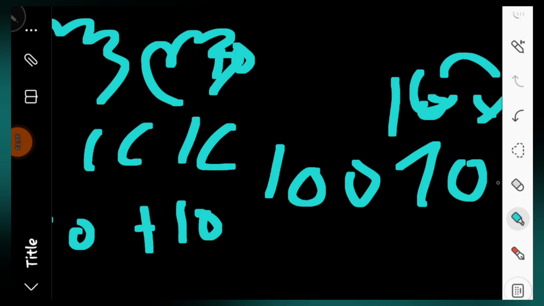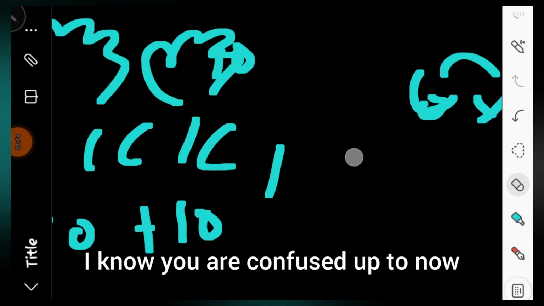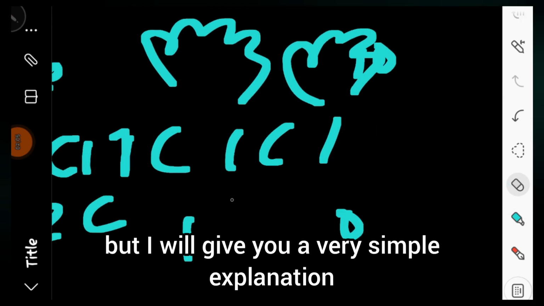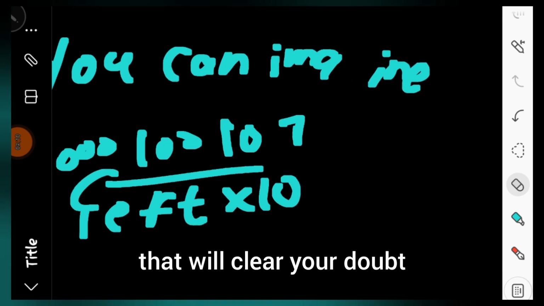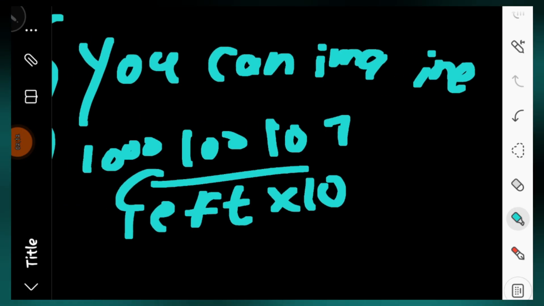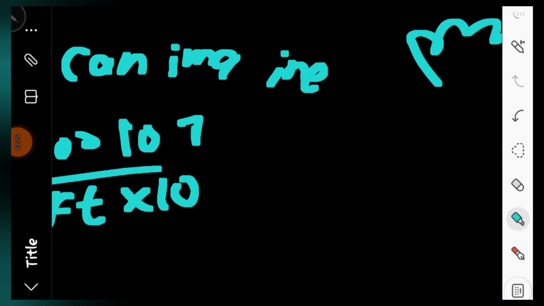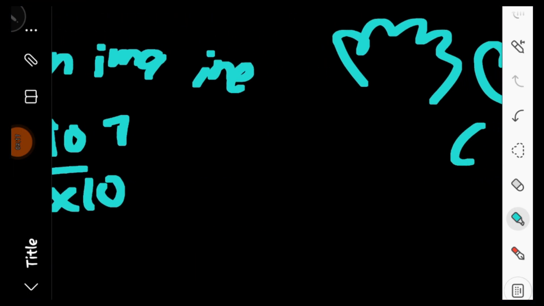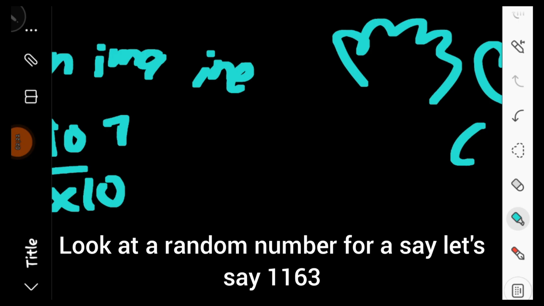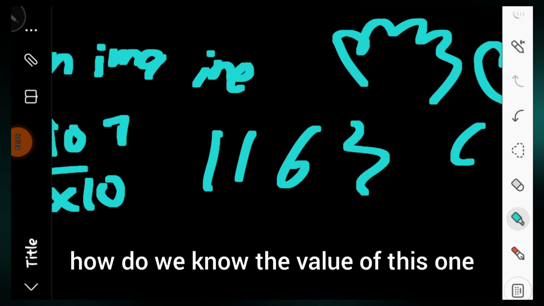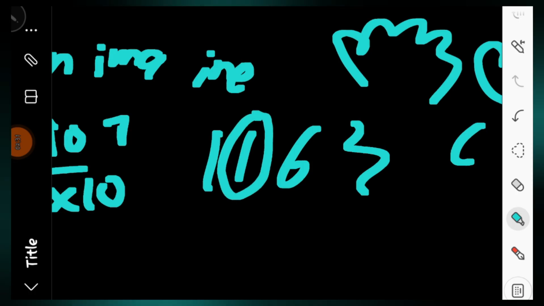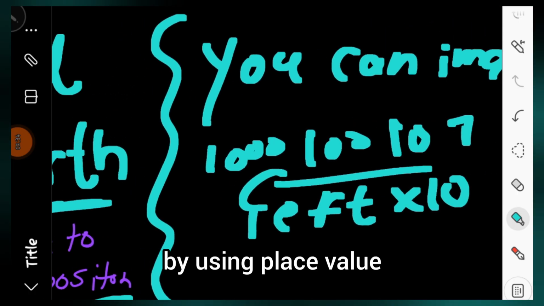Yeah, I know you are confused up to now, but I will give you a very simple explanation that will clear your doubt. So when we talk about position, every number is assigned a position to know its value. Look at a random number, let's say 1163, a large number. How do we know the value of this one? By using place value.